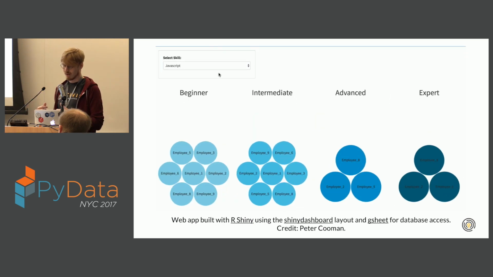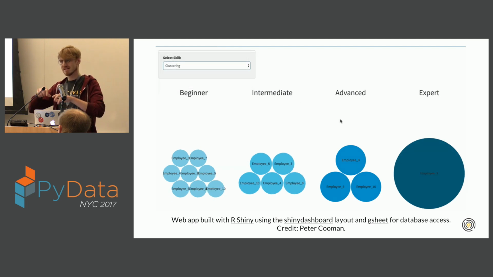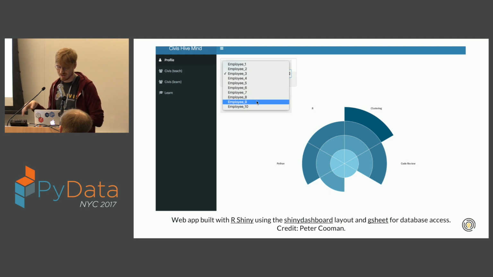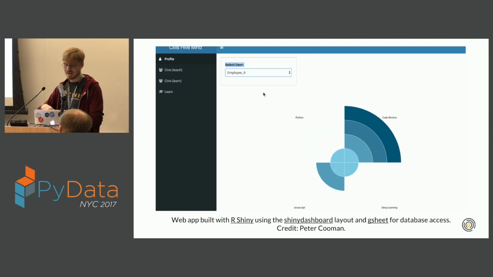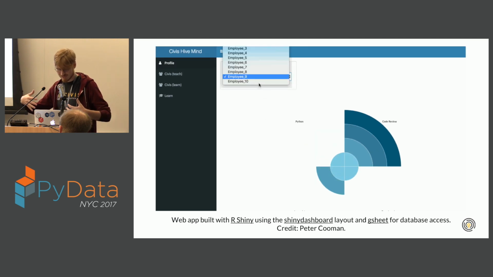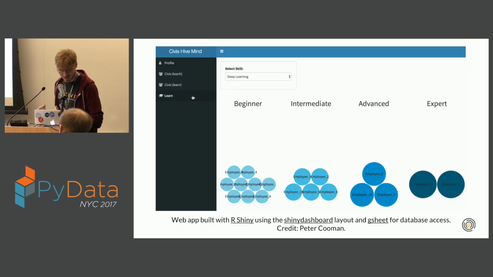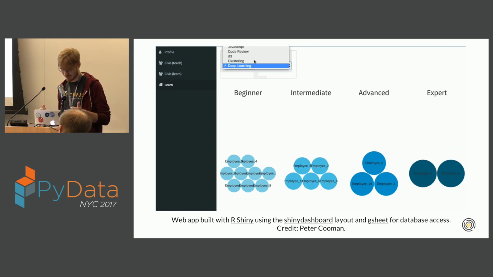At the company, everyone will type in what they know. It's just voluntary. You put it in Google Docs, that's the data input. Then this will pull that data and have this nice front end. It's built with Shiny and Shiny dashboards. I think this layout looks really cool, pretty professional. And that was built by another one of my colleagues.